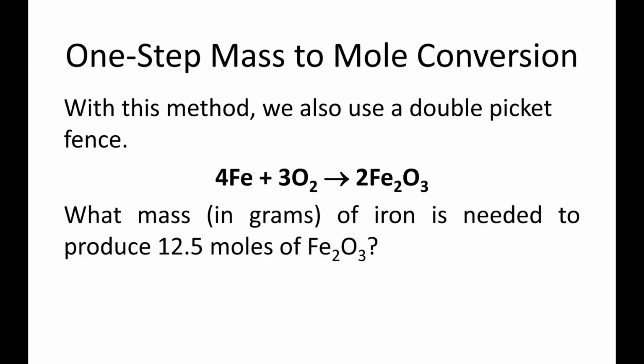Okay, now let's try it using the one-step method. Now the one-step method, we're going to use a double picket fence just like before. So once again, I'm going to go ahead and put my question mark grams, 55.85 grams per mole there, and my 12.5 moles here.